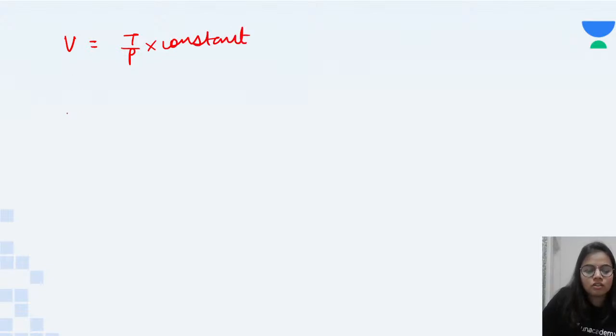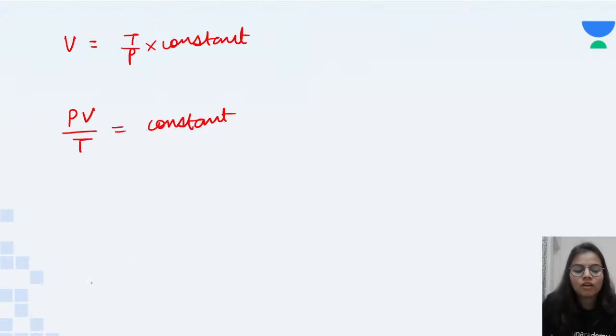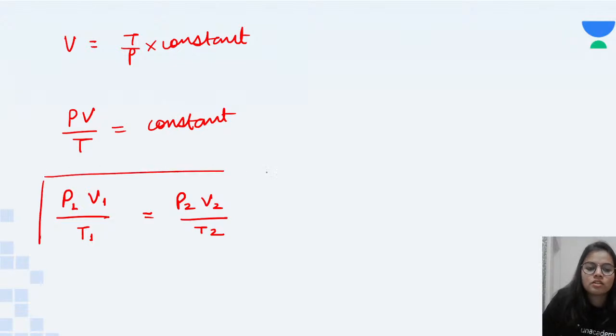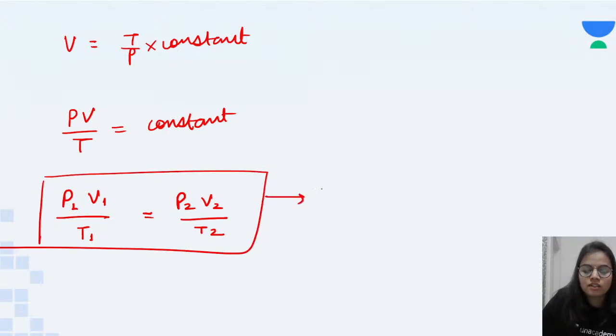Or if I shift it, we can write P into V upon T is equal to constant. Now if I have a gas with pressure P1, volume V1 and temperature maintained at T1, and it changes the pressure, volume and temperature to P2, V2 and T2 respectively, then this is the equation that we get. So this is the gas equation.